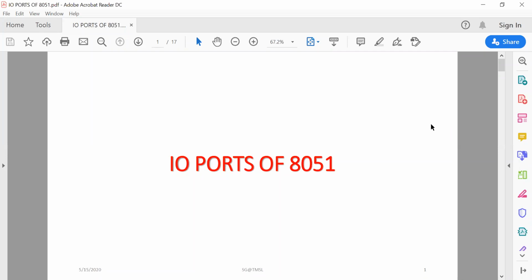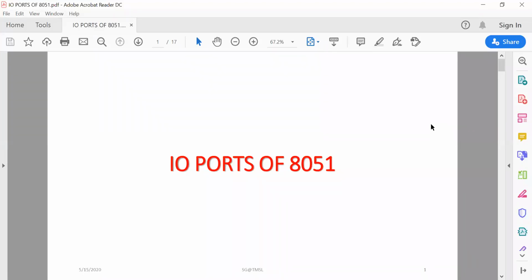Now every port is an SFR, a special function register, called P0, P1, P2, P3. As it's an SFR, it has a specific address. For P0, that is port 0, the SFR address is 80. For P1 it is 90, for P2 it is A0, and for P3, port 3, it is B0. Each SFR register P0, P1, P2, P3 is also bit addressable.